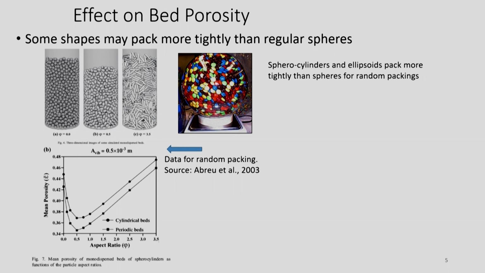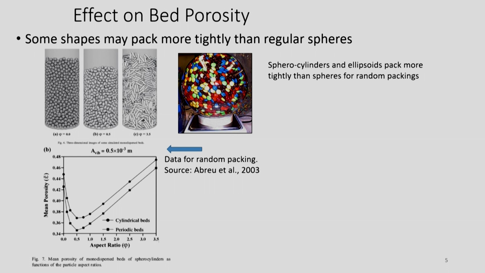So, shapes and packing: some shapes might pack more tightly than regular spherical particles. Do you guys know this candy? Gems, yeah. It's called M&Ms or Skittles in the US, right? M&Ms is common. Do you know the shape of gems?